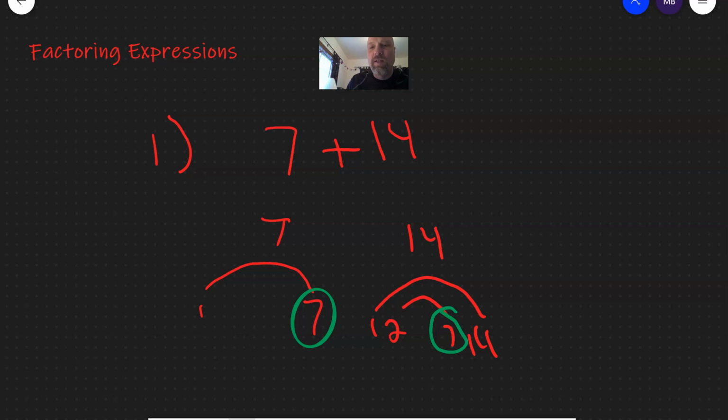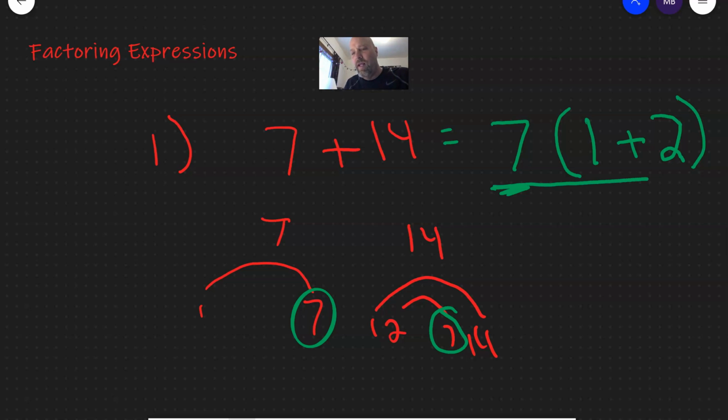So just kind of the opposite of what we did with the distributive property. I'm going to take that 7 out. I'm going to pull out that factor of 7. And then I'm going to put in parentheses, well, taking the 7 out of 7, the factor is 1, plus 14 is going to be 2. So this is the end. This is the answer I'm looking for.